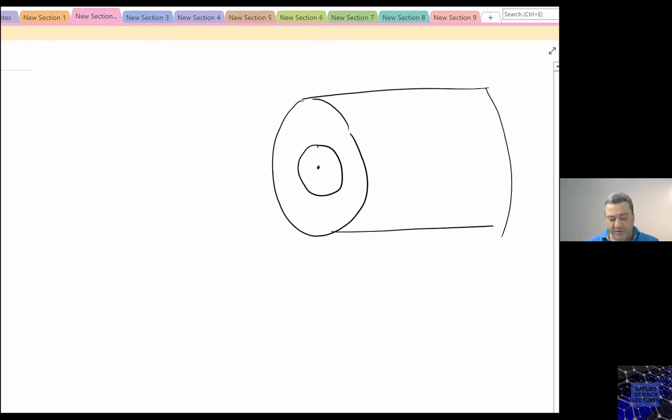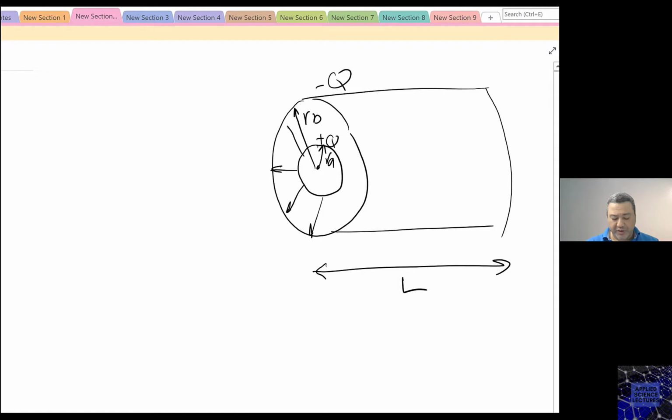This is the inner one with Ra. We have the positive charge on the inner one. This is the outer one, Rb. We have the negative charge. This is the length. This is the electric field, pointing in this direction.